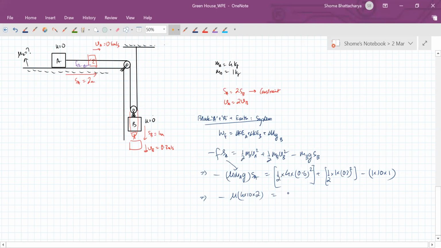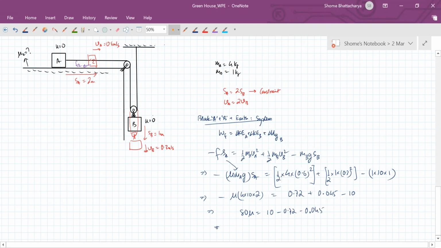So this should be equal to 80 mu should become 10 minus 0.72 minus 0.045.